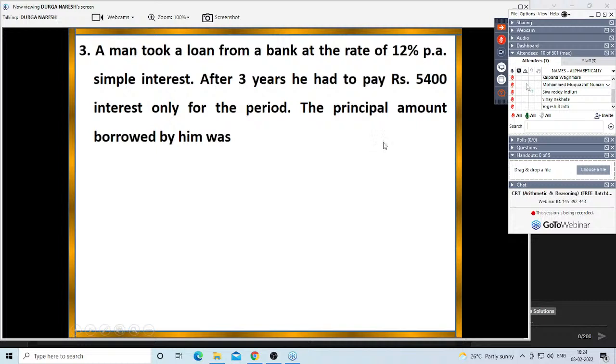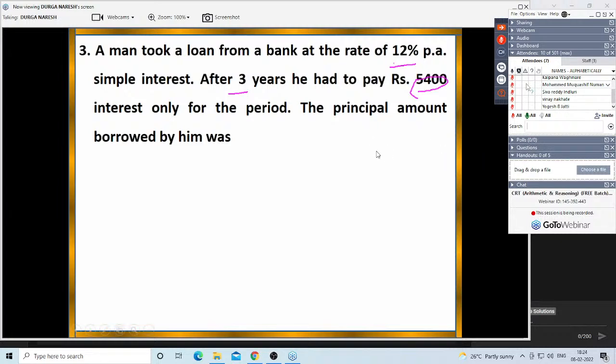So what are the values they have given? What is the principal amount we have to find? So if you want to find the P value, rate of interest is given, and 5,400 rupees is the simple interest, and the time period is in years. Someone having the doubt, sir, they do not mention whether it is simple or compound.